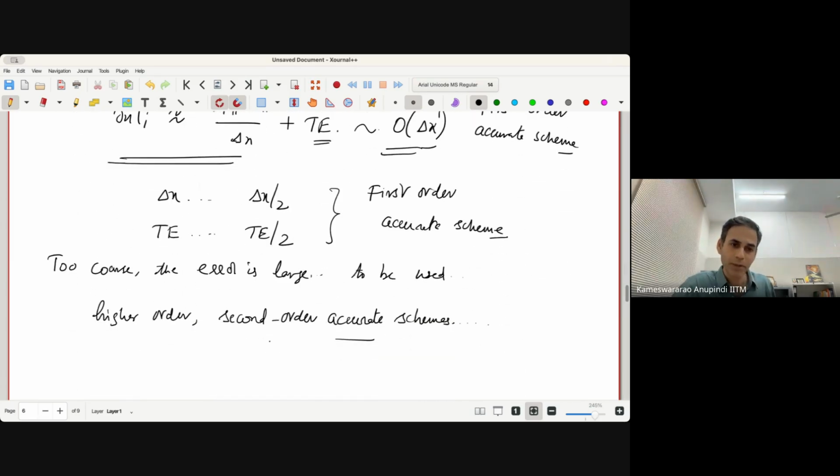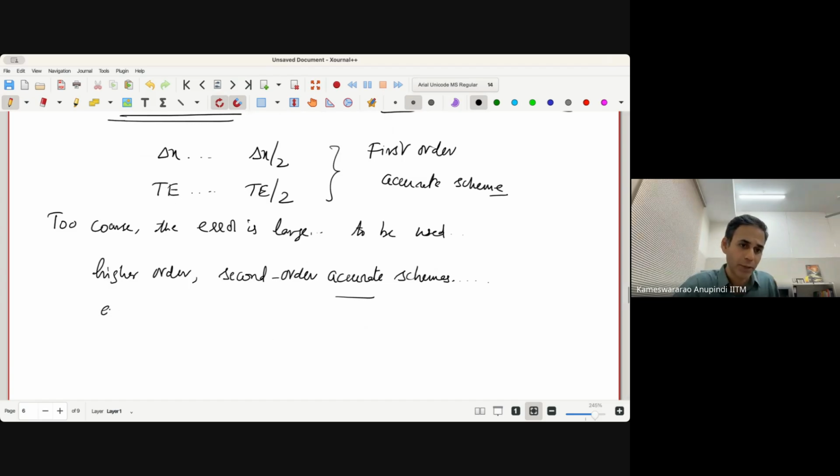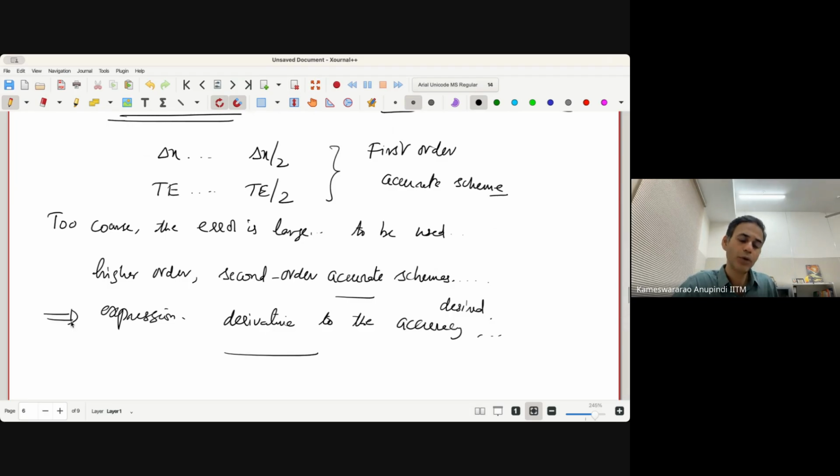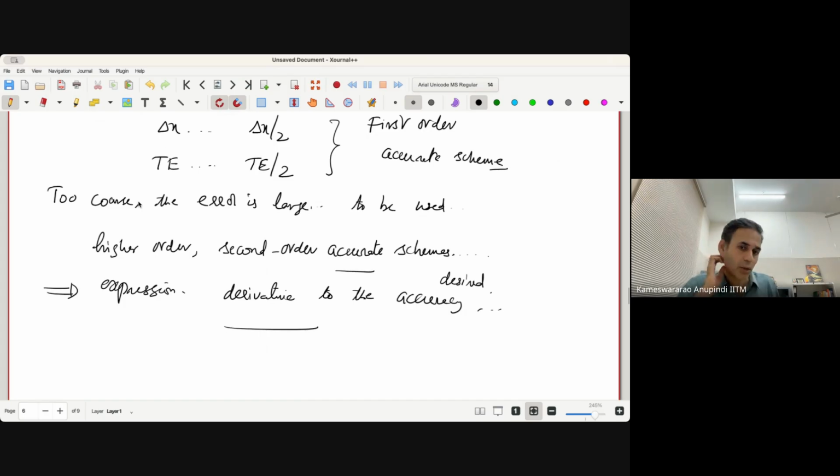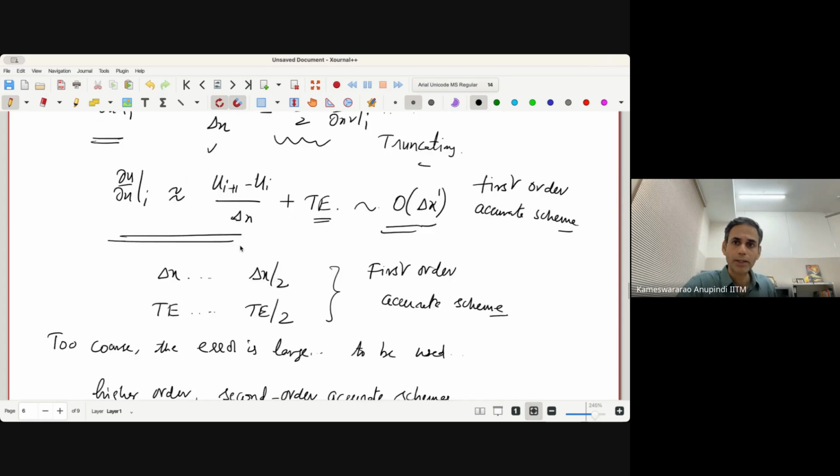We need to come up with a particular method in which we can derive an expression for any given derivative, to the desired accuracy, so that we can always express whatever derivative we want in terms of the neighboring values of the function, u i plus 1 and so on. So that is what is going to come next.